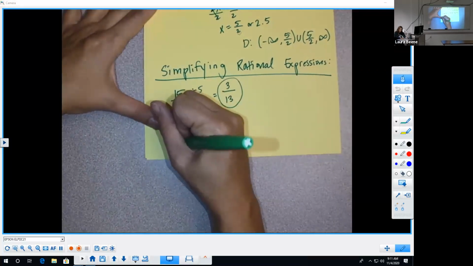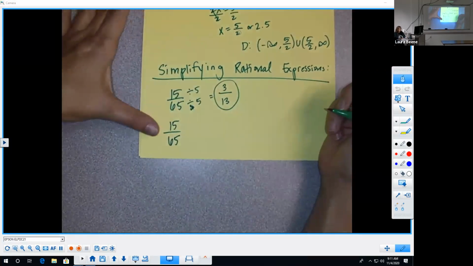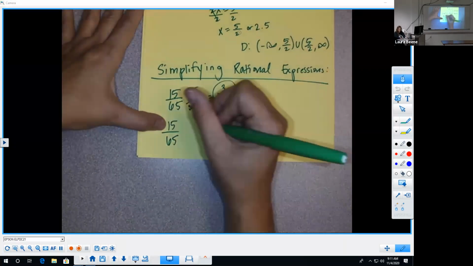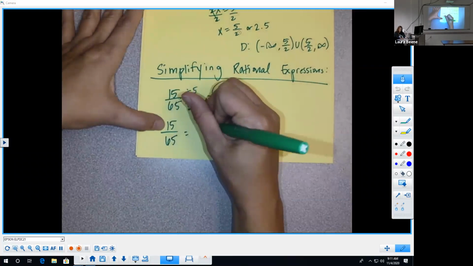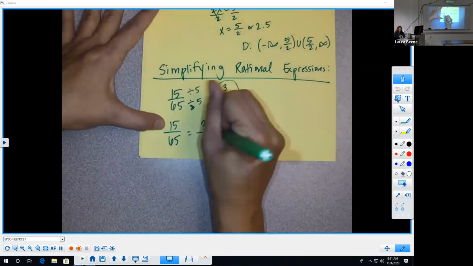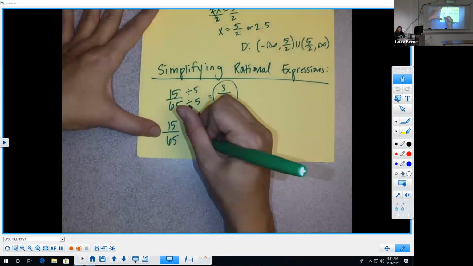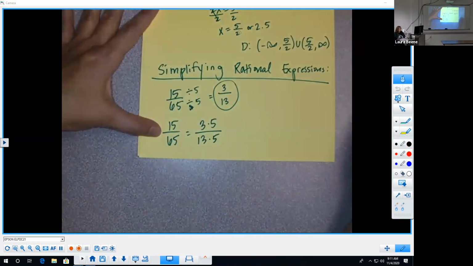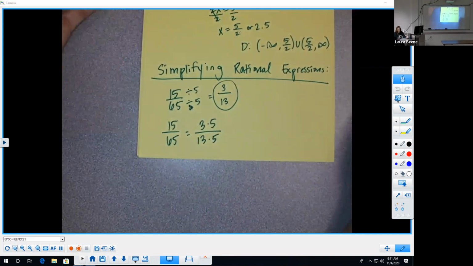A different way you can think about this problem is breaking it up into the factors. What two things multiply to give me 15? 3 and 5. So I can rewrite 15 as 3 times 5. Two things that multiply to give me 65 are 13 times 5. I haven't changed the problem at all. I've just rewritten it.